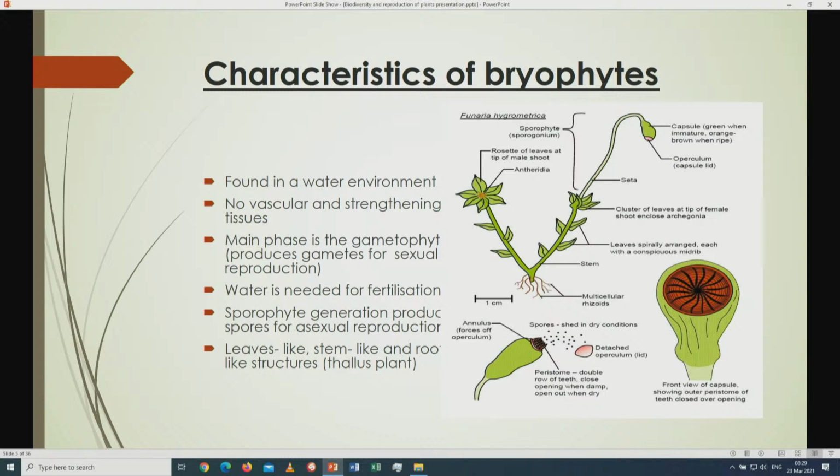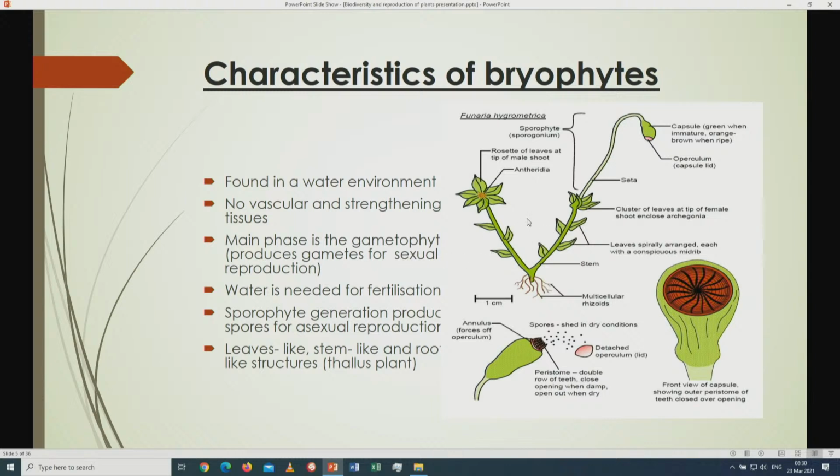We have the gametophyte generation that alternates with the sporophyte generation. In the bryophytes, the main generation or the main phase is the gametophyte. So this is the gametophyte phase or the gametophyte generation. It produces gametes for sexual reproduction.